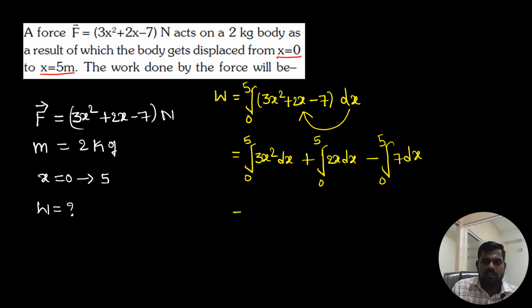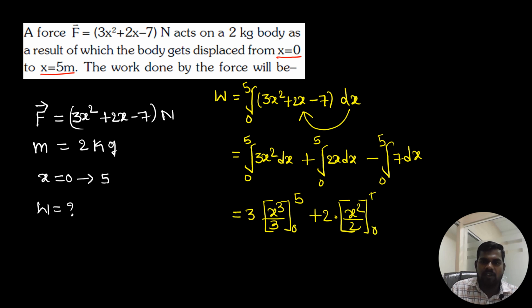That is equal to 3 is the constant, and integration of x square is nothing but x cube by 3, limits 0 to 5, plus 2 is the constant, integration of x means x square by 2, limits 0 to 5, minus 7 into integration of dx, which is nothing but x. Limits are the same, 0 to 5 only.